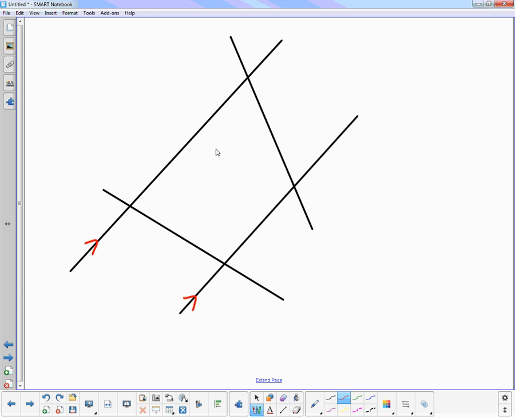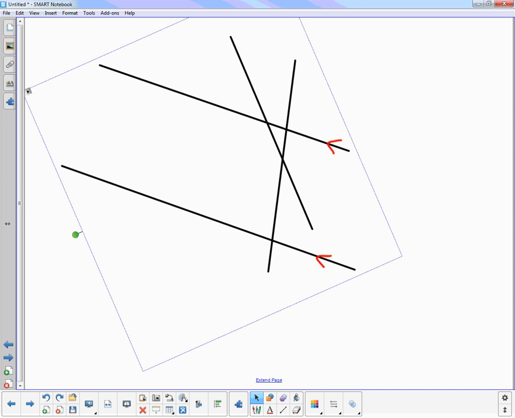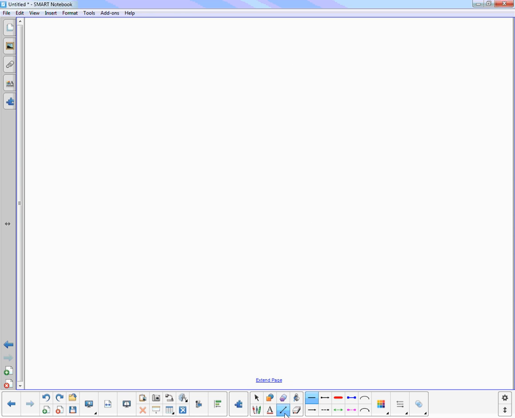Let's do the middle of page 13. I'll change this picture around a little bit. It was y and z that were parallel.